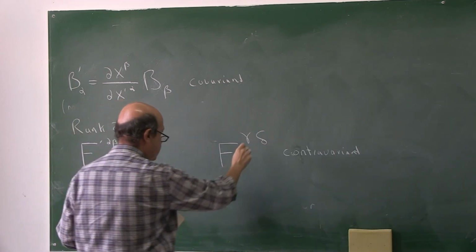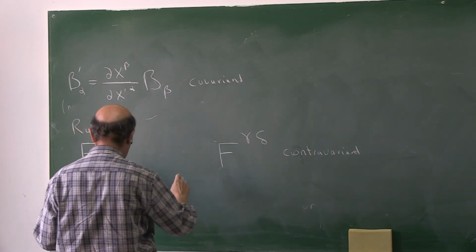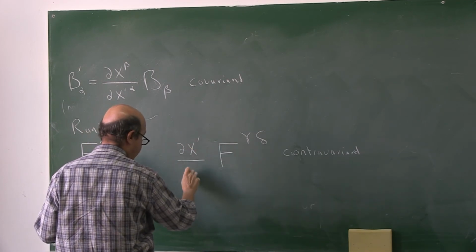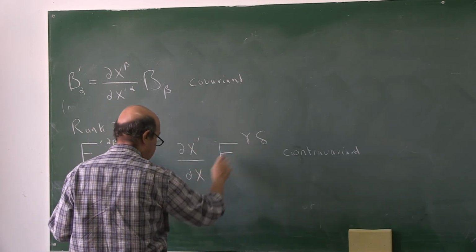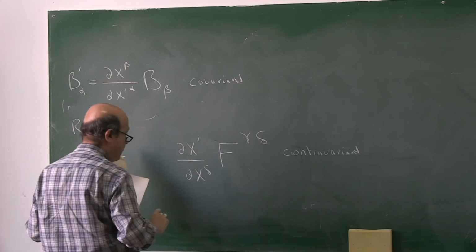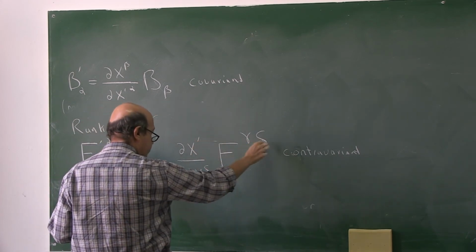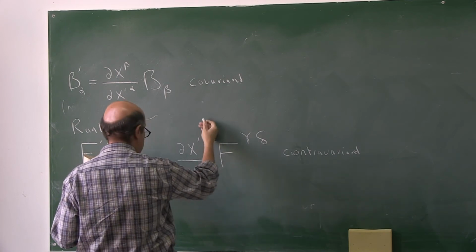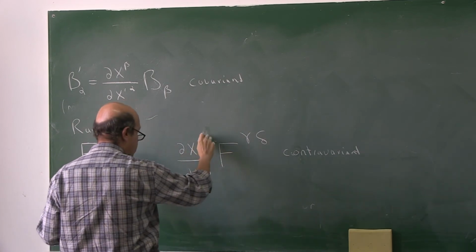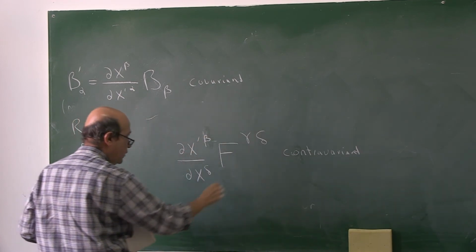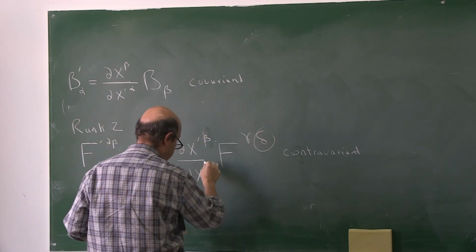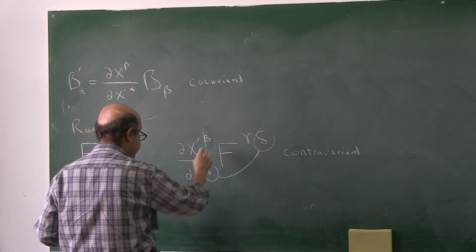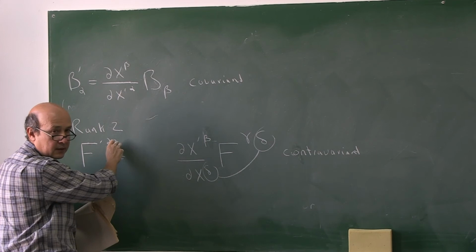So if I want to transform this, what do I have to do? ∂x'^α over ∂x^γ, and for delta going to beta, these indices are summed or contracted, and the free index is beta.